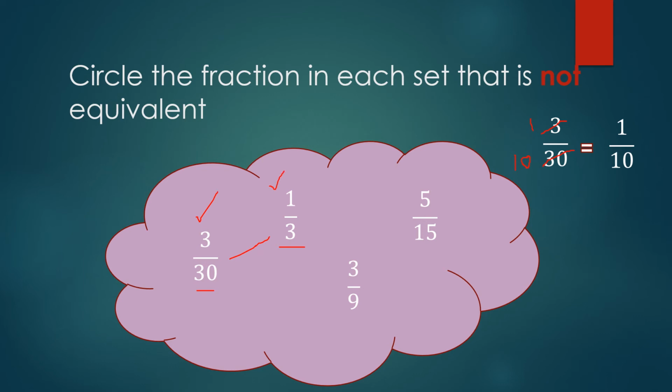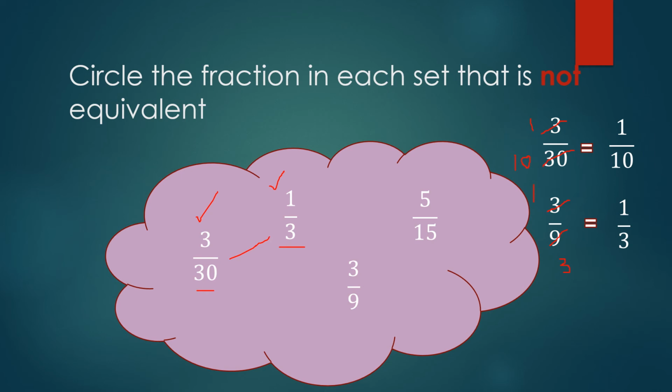So for that we are going to check our next fraction, which is 3 upon 9. So 3 ones are 3 and 3 threes are 9. So 3 upon 9 is equivalent to 1 upon 3, which clearly shows that 3 upon 30 is probably the odd one out. Why?